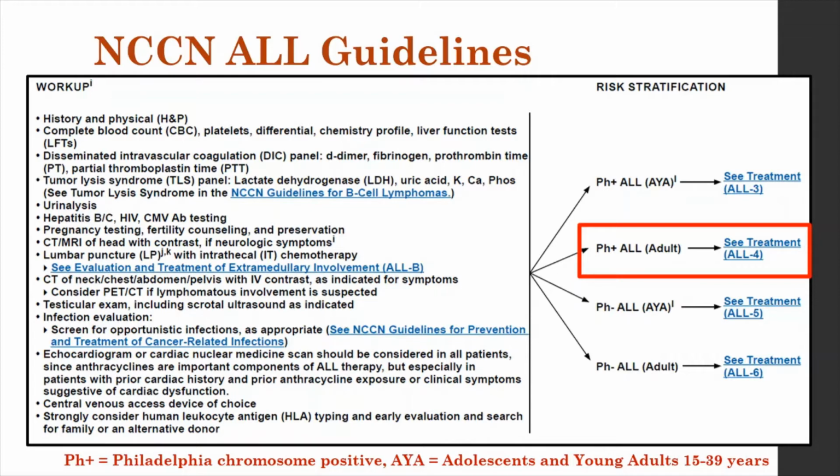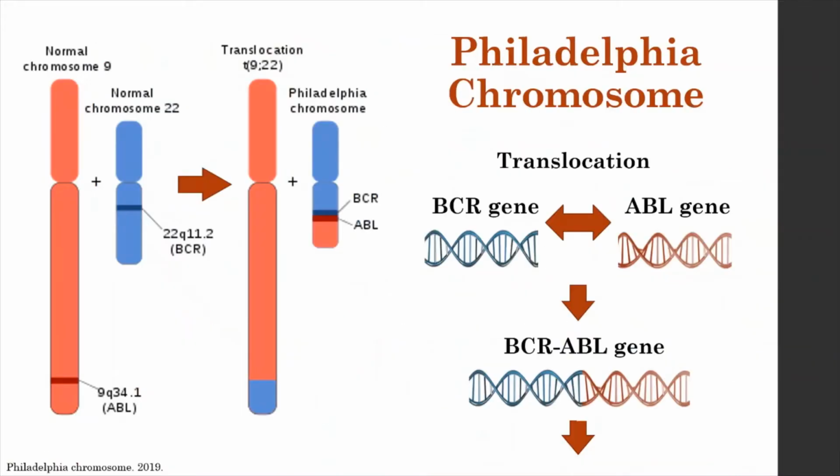But before we do, let's talk about what being Philadelphia chromosome positive actually means. It's a translocation where the BCR gene translocates next to the ABL gene to create a whole new gene called the BCR-ABL gene.